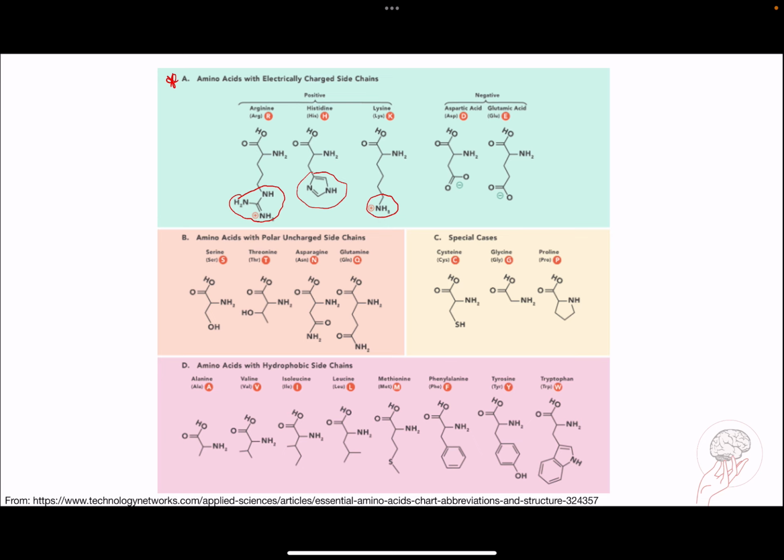So aspartic acid and glutamic acid have these negative charges. So these side chains are going to interact a lot with side chains of opposite polarity or charge.